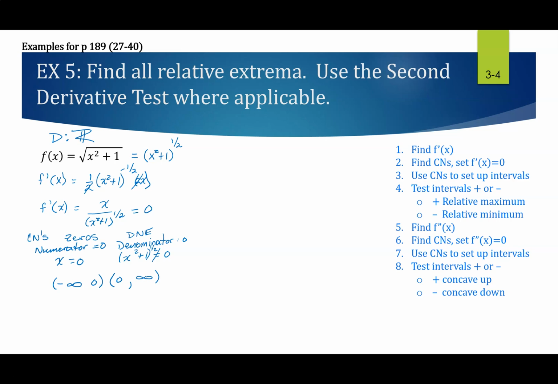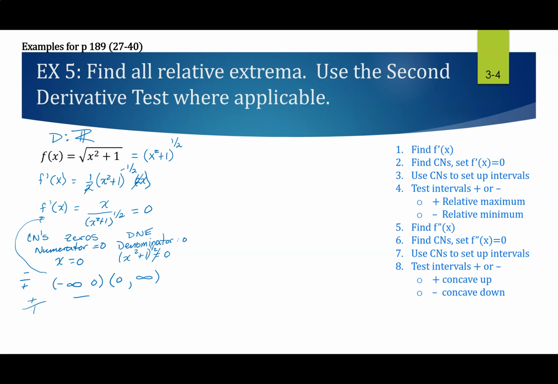Now, again, let's test this logically. So we already know the denominator is always positive. And if I plug in a negative number, the numerator is the one that changes. So a negative number is going to make that numerator negative. So a negative divided by a positive, that's going to be a negative interval. But when I move over to 0 to infinity, my numerator is positive.